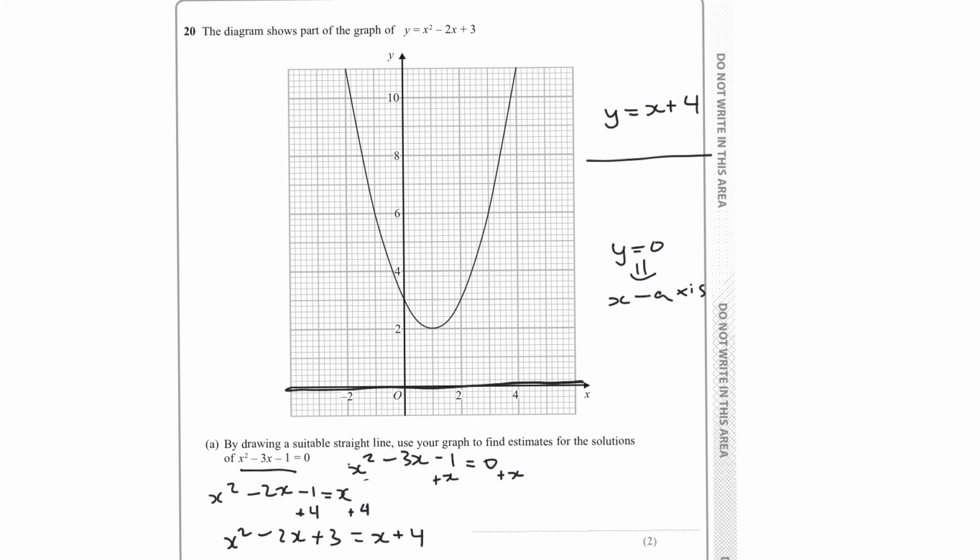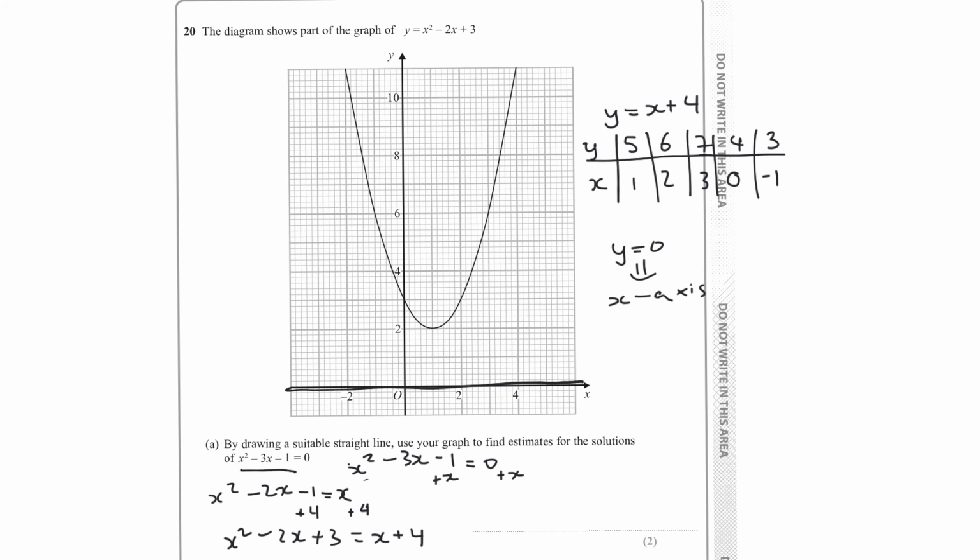So if I draw a quick table to work out some values. When x is 1, y is 5, x is 2, y is 6. x is 3, y is 7, and then when x is 0, y is 4, x is minus 1, y is... Okay, so plotting them on quickly.